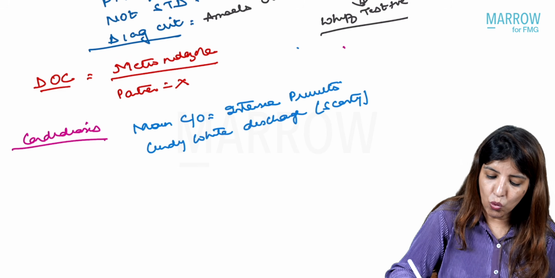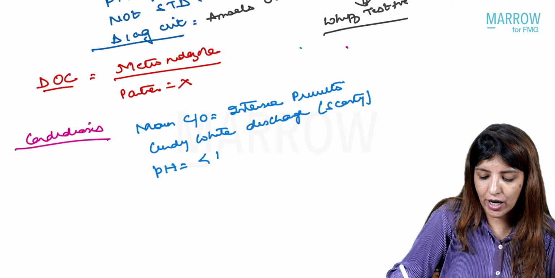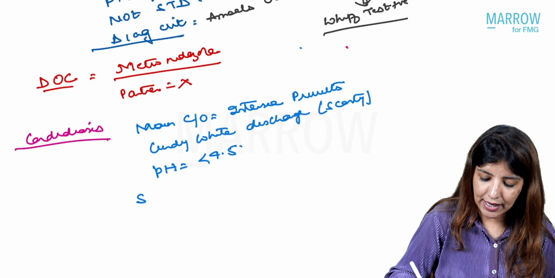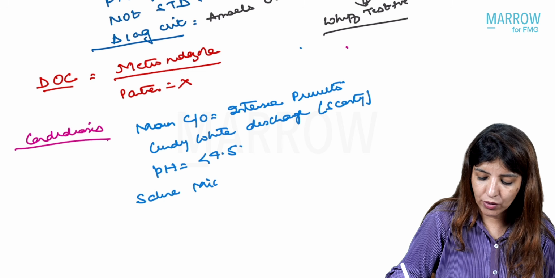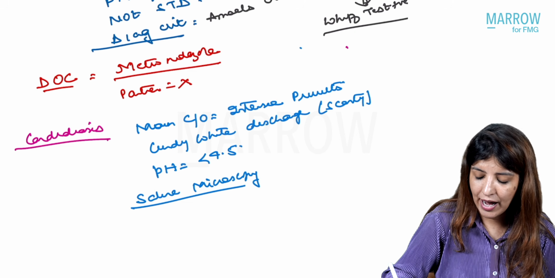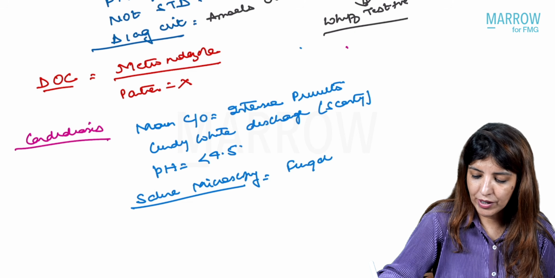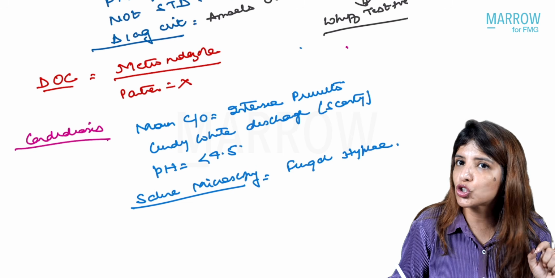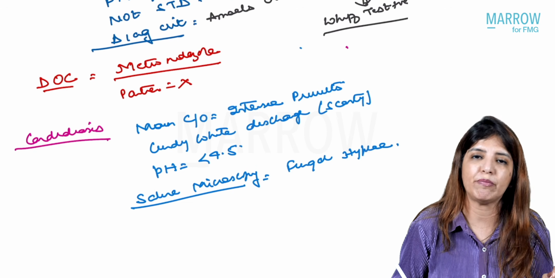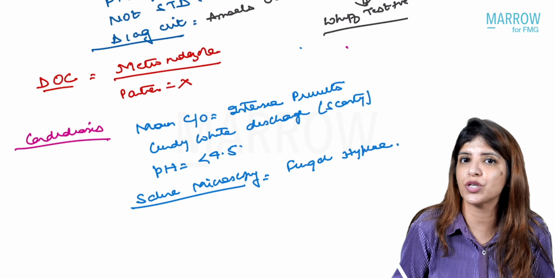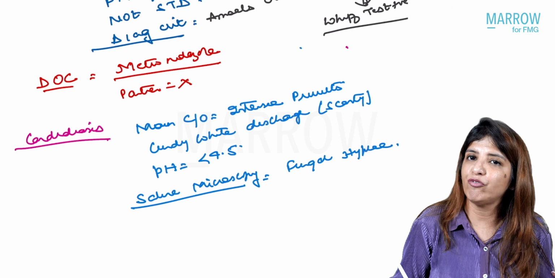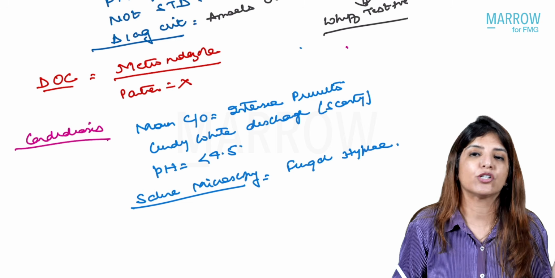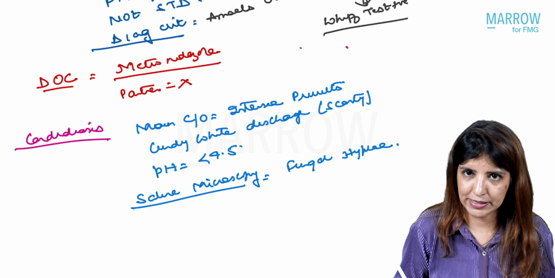This is the only case where the pH of the discharge will be less than 4.5, right? And on saline microscopy, you are going to see fungal hyphae. Please remember, candidiasis is the most common vaginitis to be seen in pregnant females, in females who are using steroids for a very long time, in females who are using OCPs or antibiotics, or in immunocompromised females, right?